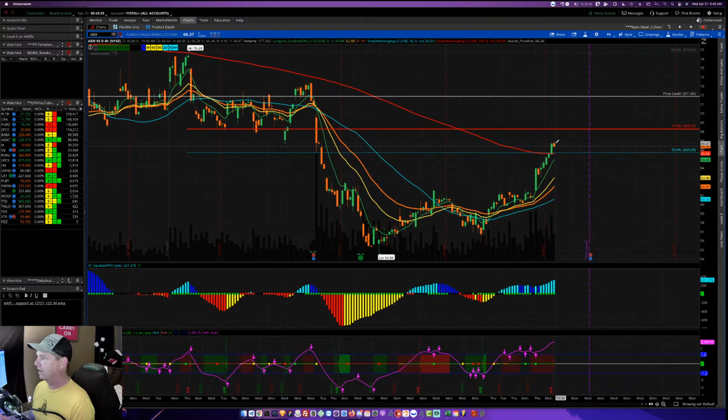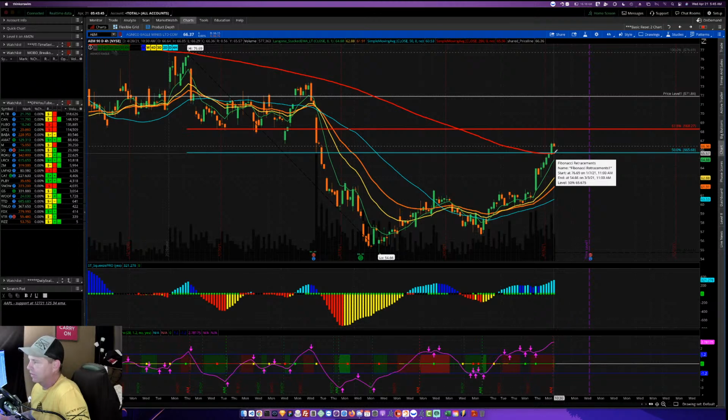I'd like to see this come back down and test a 50% retracement, or potentially the 80 MA. That would be a nice completion of a cup and handle. However, with the movement on this, I don't know if we're going to get that retracement. However, we did just cross above the 200 SMA.